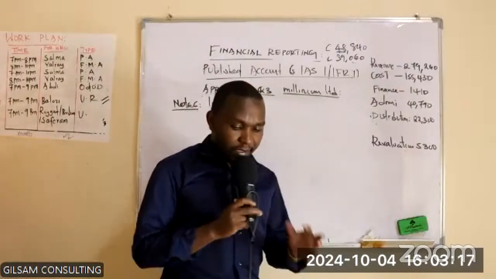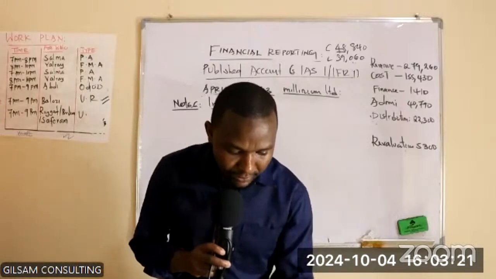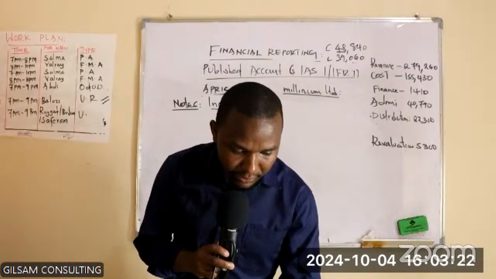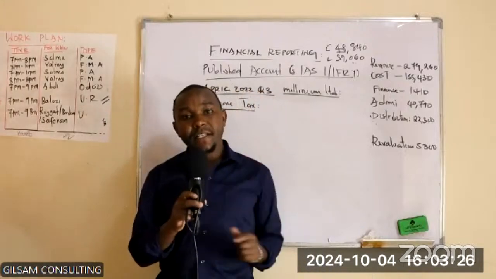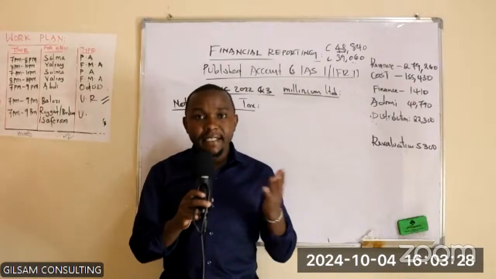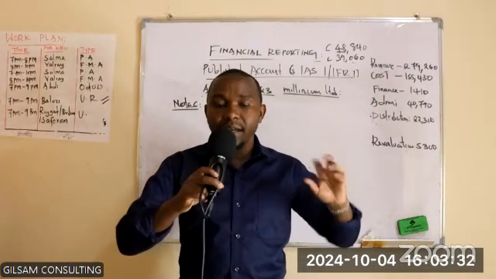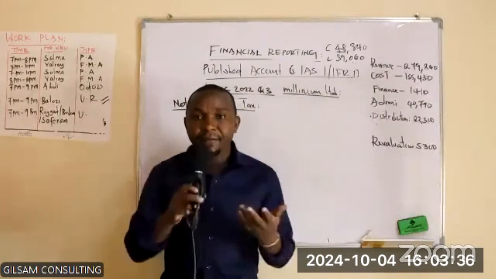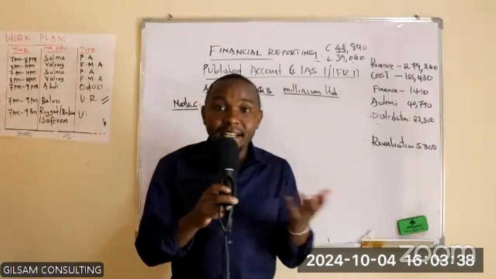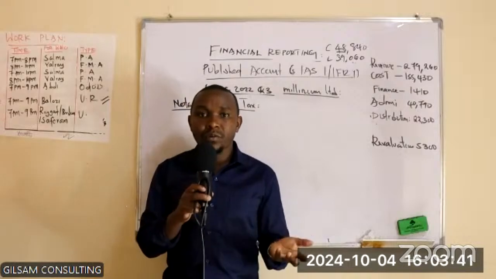So in that case, if you look at the examiner here, the examiner has given you the deferred tax in your trial balance, and it is on which side of your trial balance? Is it in the debit or the credit? Because the examiner is not as specific here. He has just mentioned deferred tax. Is it a deferred tax asset? Is it a deferred tax liability? We don't know.